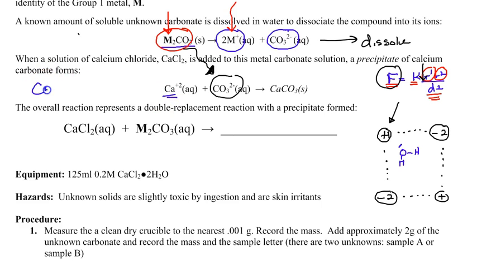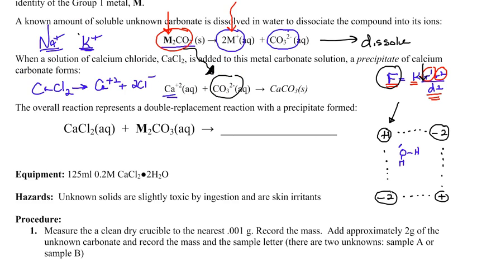Calcium chloride, a solution already made for you in a bottle at your lab table, is going to dissociate into the calcium +2 ions and also 2 chloride ions. These 2 chloride ions are generally going to be very soluble and do nothing in the reaction, just like our sodium and potassium ions, which are essentially just going to spectate throughout this entire process.